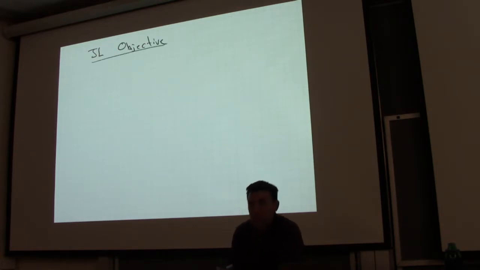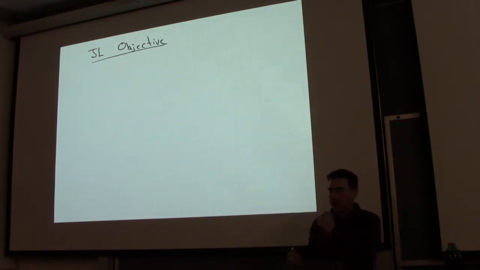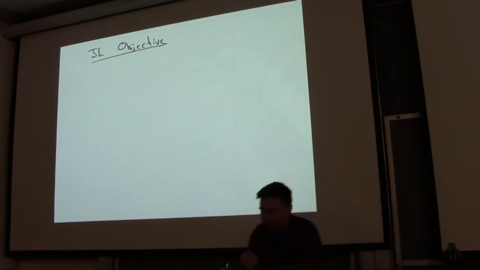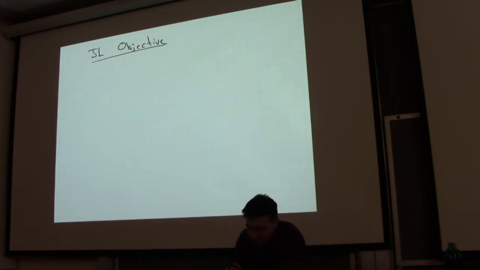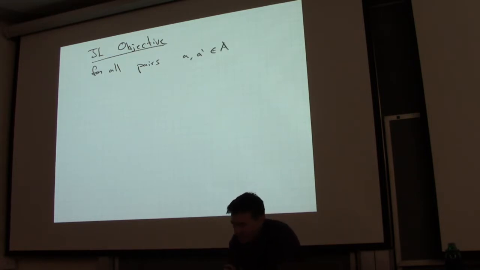So what we're going to do instead is, I'll call this the JL objective, and I'll explain where this name comes from a little bit later. But what this is going to try and satisfy is, I want to say, for all pairs, and I'll call them A and A prime in A. So I have this data set, which again lies in R^d.